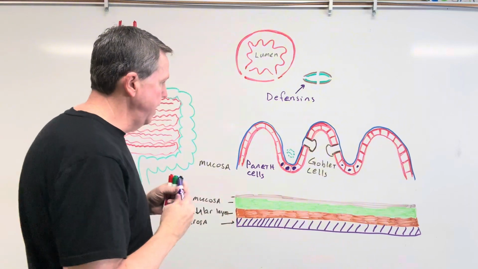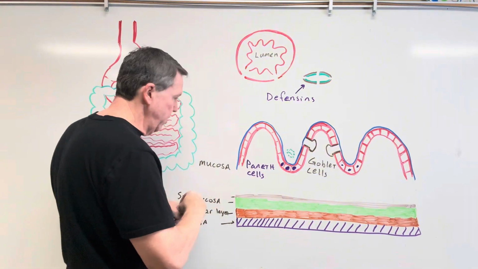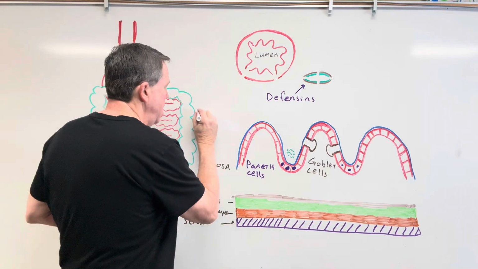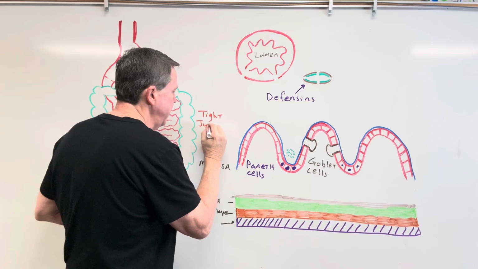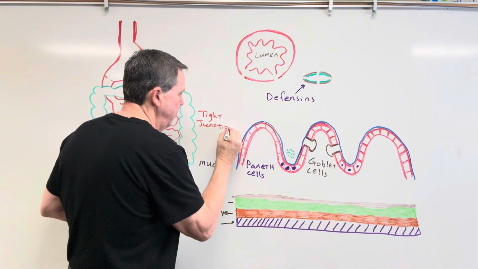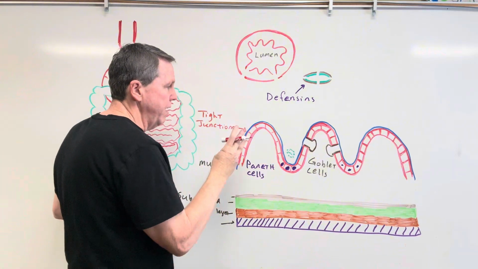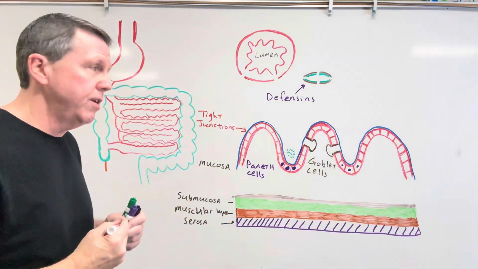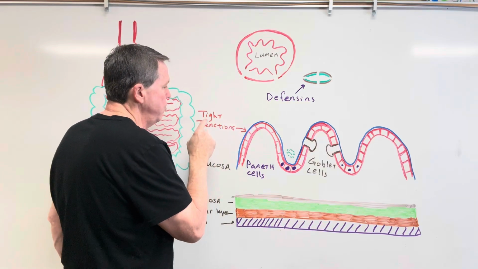The third one is, if you notice, these cells are really tight together, and we call these tight junctions. The reason you have tight junctions is because these are so close together, they keep microbes from coming in also. So we have three ways that NOD2 is already going to protect your intestines. You have the tight junctions.